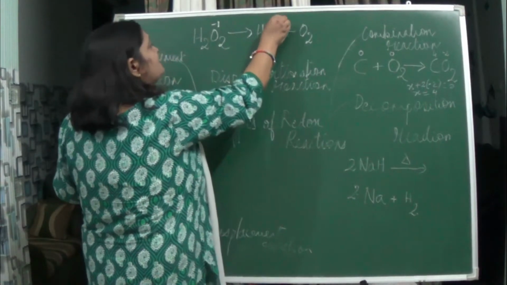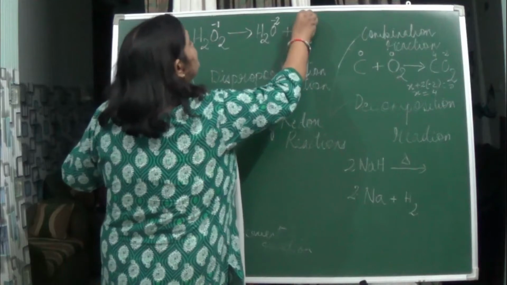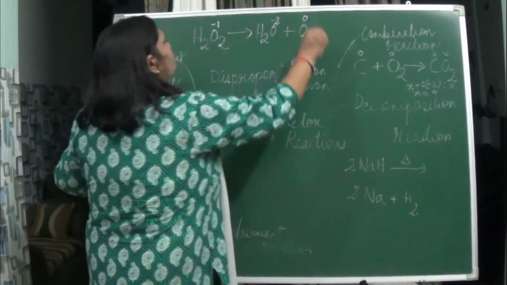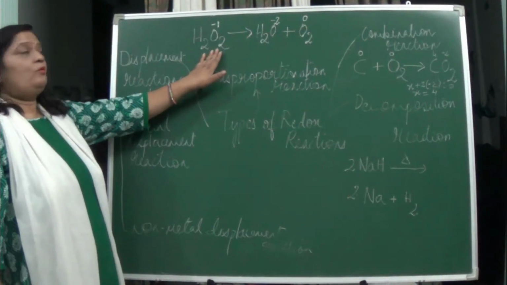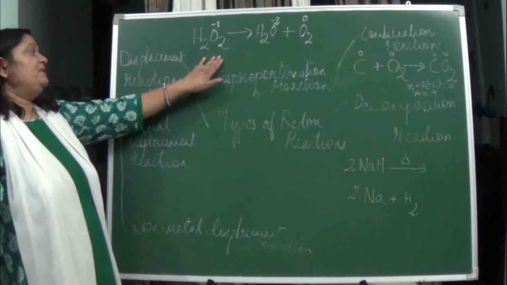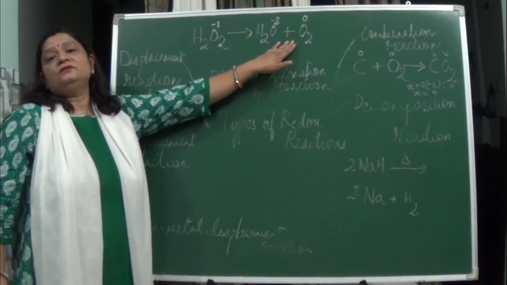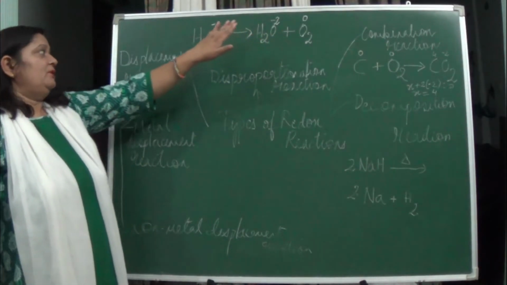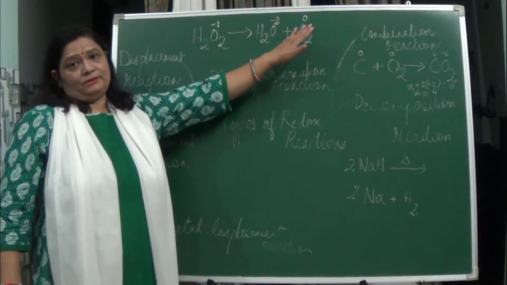And in the molecular form, it is 0. So you can see it consists of different oxidation states: here it is minus 1, here minus 2, and here 0. So it is reduced and it is also oxidized.